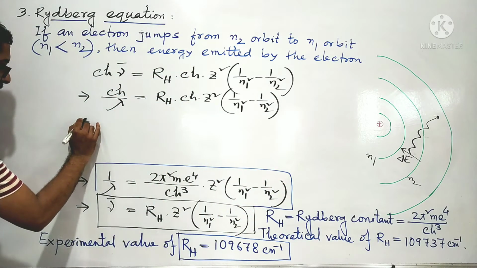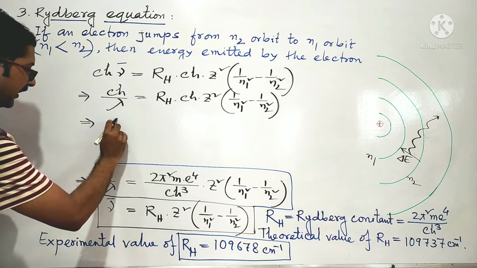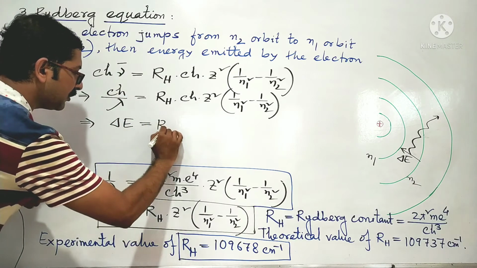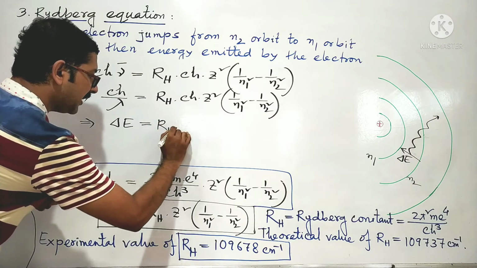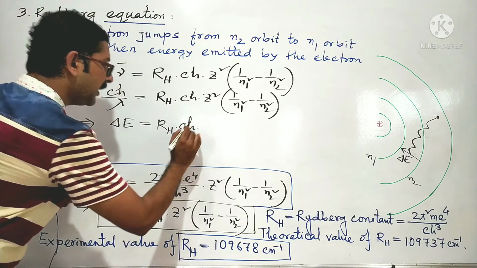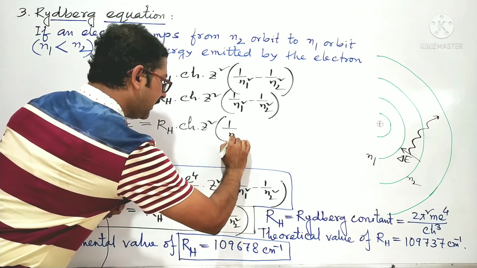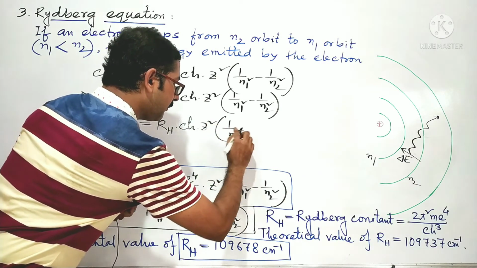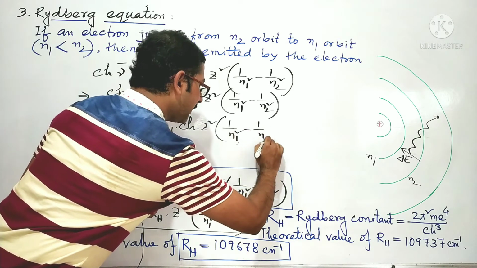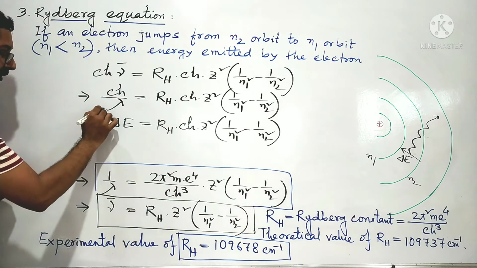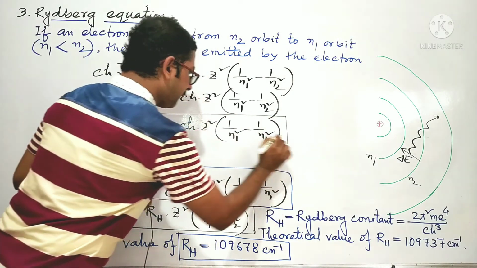And now this one is nothing but delta E. So the energy difference delta E is equal to Rydberg constant RH into C into H into Z square into 1 by N1 square minus 1 by N2 square, right? So this is another form of Rydberg equation.